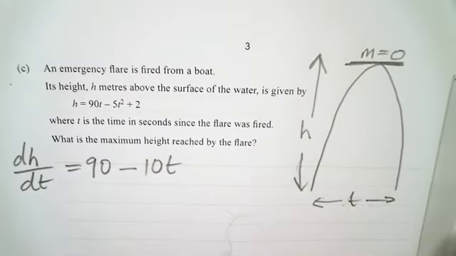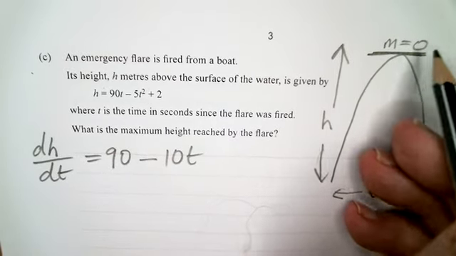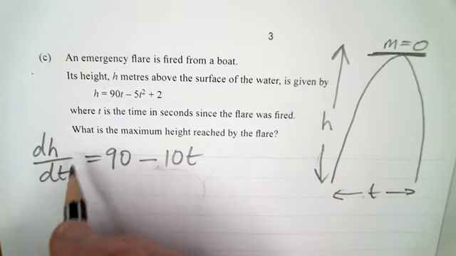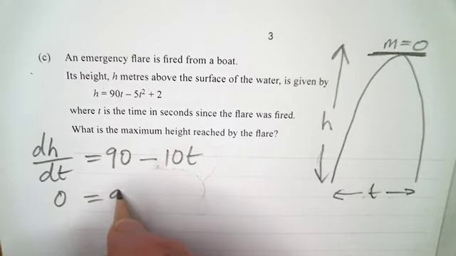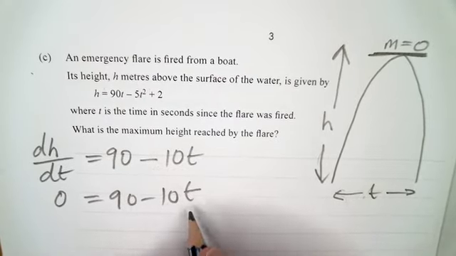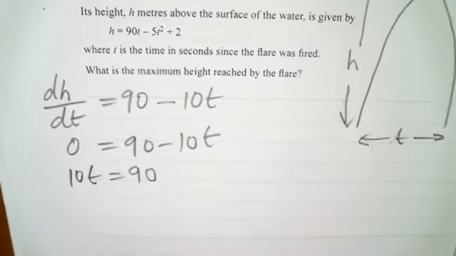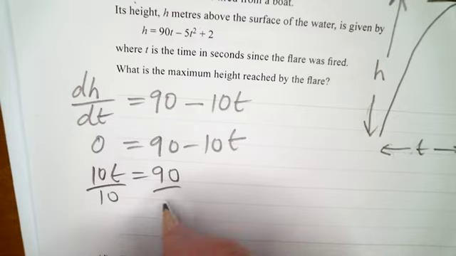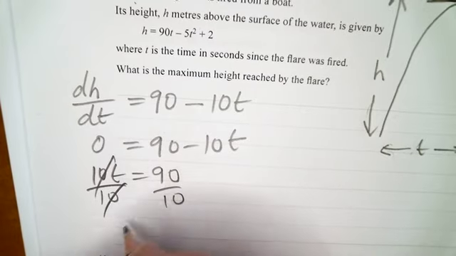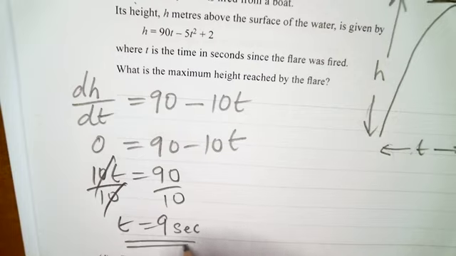It's going to be a maximum when the gradient is 0, so I'm going to make the gradient 0. It's 90 minus 10t equals 0, so 10t is equal to 90. If I divide both sides by 10, t is equal to 9, and that's in seconds.